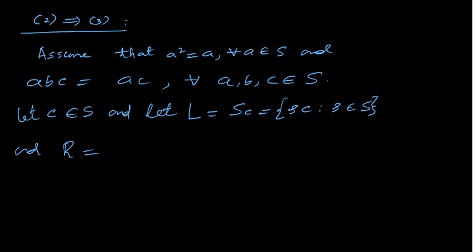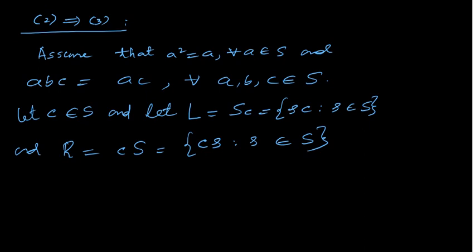We define R that CS is this set, s in S. We show that this L is a left zero semigroup and R is a right zero semigroup, and finally we will see that our semigroup S is isomorphic to L cross R.